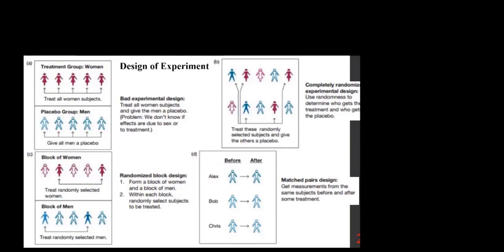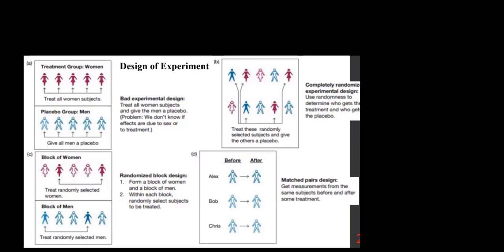Whereas in part B, we use completely randomized experimental design. We use randomness to determine who gets it and who doesn't, who gets the treatment and who doesn't. And randomized block design forms a block of women and a block of men. And within each group, select the subjects that get the treatment and those who don't.